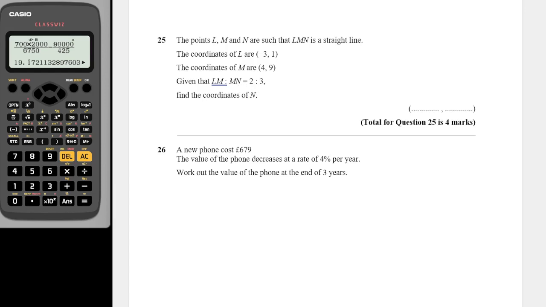If I look at my x coordinates first, the x coordinate of L to M is going to be -3 minus 4, so that's -7.